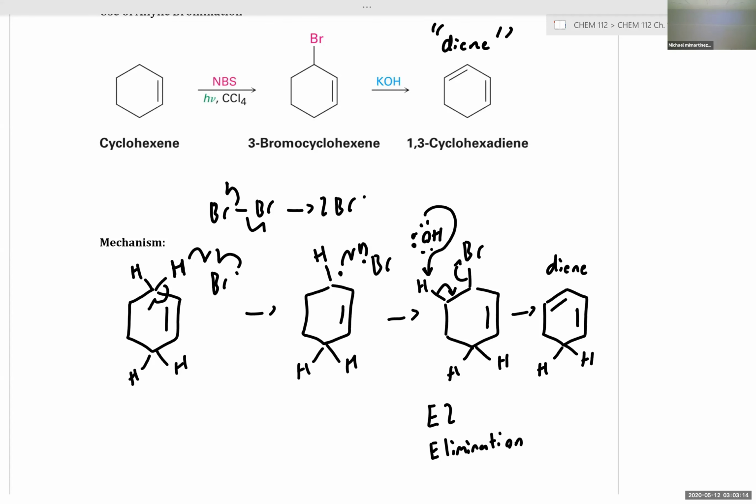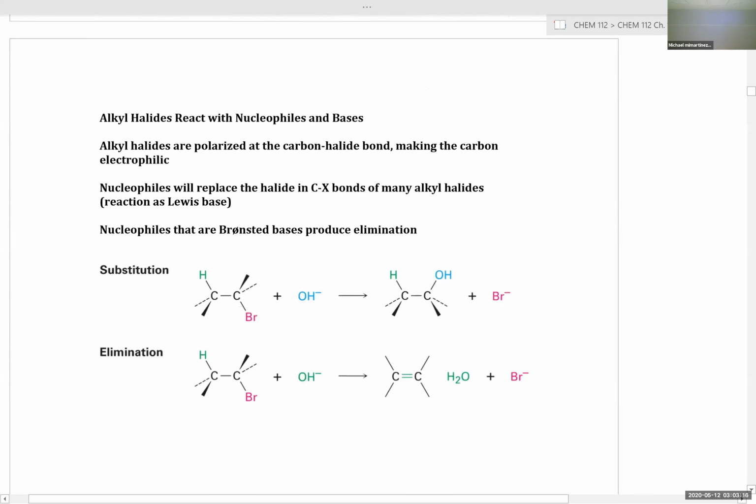Okay, so let's keep going and let's develop a few more things. So alkyl halides will react with nucleophiles and bases. Alkyl halides are polarized at the carbon-halide bond, making the carbon electrophilic, carbon delta plus. Nucleophiles will replace the halide in carbon-halogen bonds of many alkyl halides.